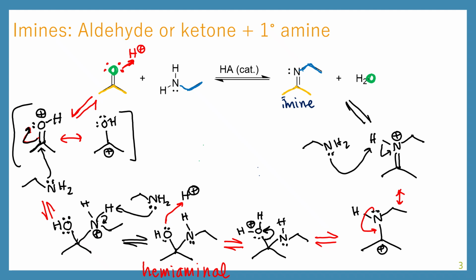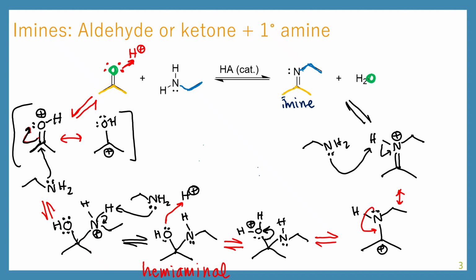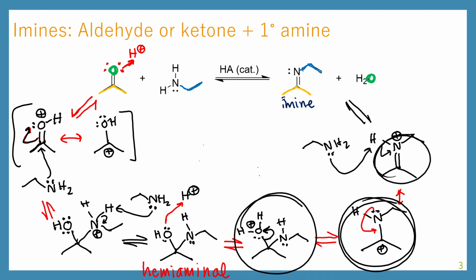So our last step here was to deprotonate to get to the imine. Our first step of going back towards the ketone and amine is going to be to protonate on this nitrogen using that lone pair. And then we could draw a resonance form that looks like this, or we could just have water attack over here to get us here.